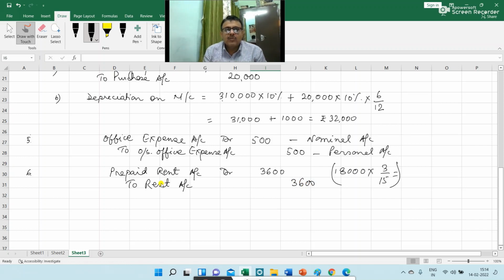So prepaid rent will be shown in the asset side of your balance sheet, because prepaid rent account is also a personal account and rent is a nominal account, and this amount is already given. The amount already given is 18,000. So you are going to reduce this amount of 18,000 by 3,600.